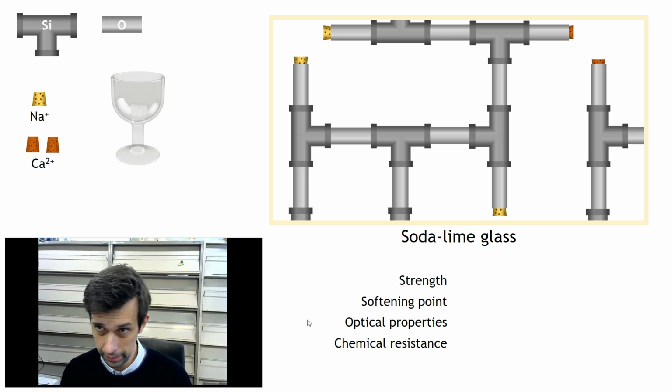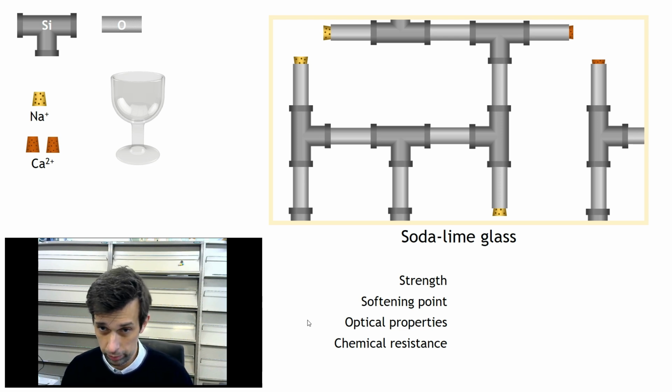So stoppers, basically. And sodium can only stop one piping at a time, meaning that the one in the upper left corner is actually two atoms of sodium. But calcium, because of its valence, can stop two pipings with only one atom.